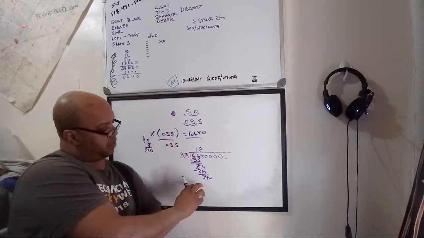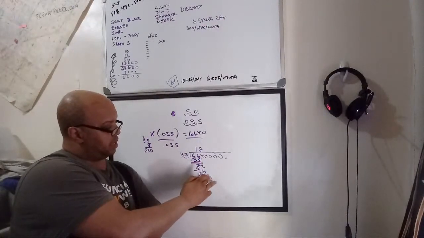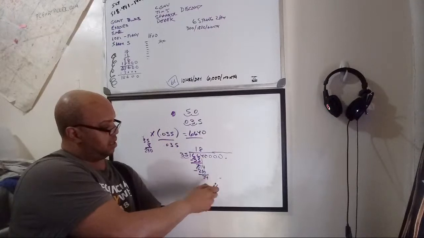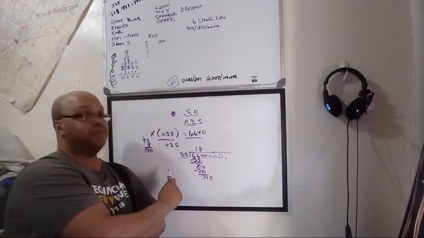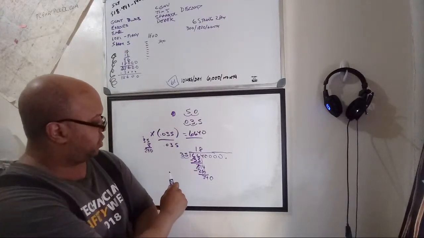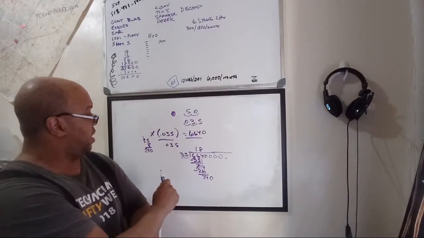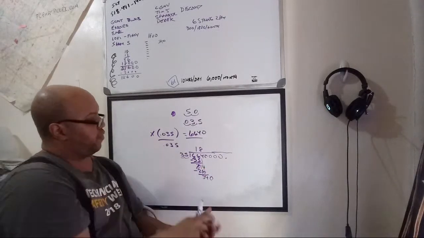The 4 drops, and then a 0 drops, so 340. Make sure, 8, 20, yeah, 34, that's right. Then we have to ask ourselves, how many times does 35 go into 340?